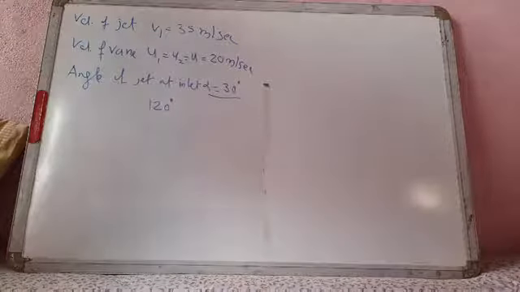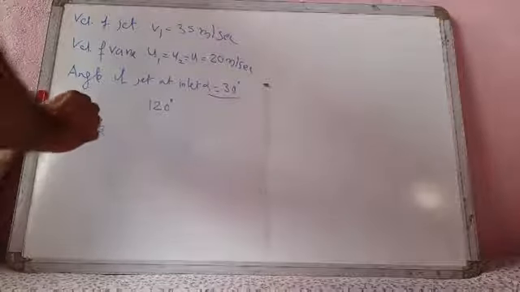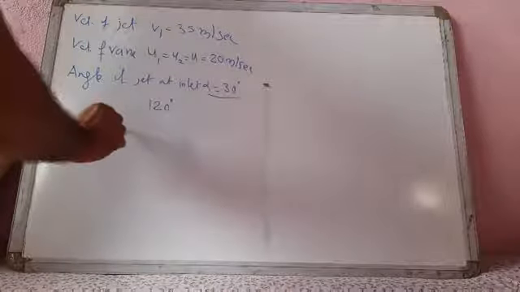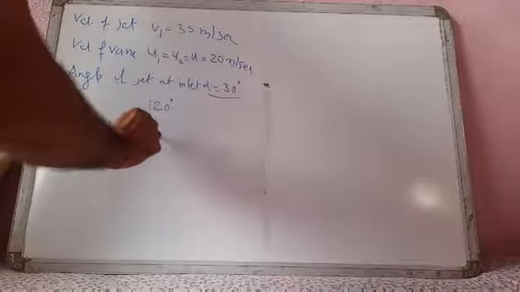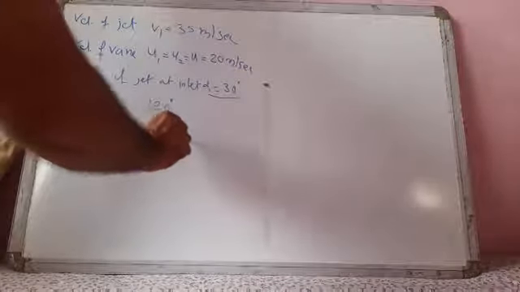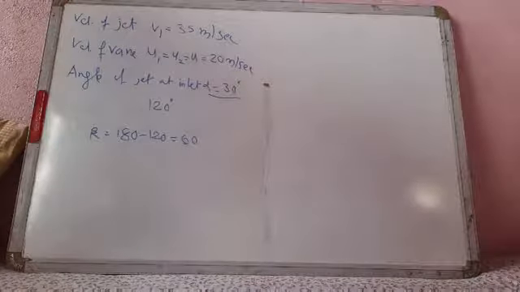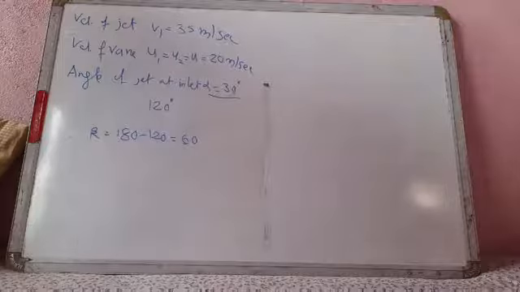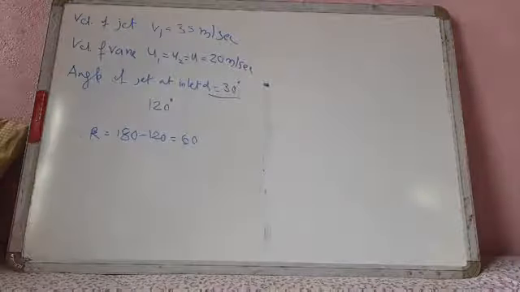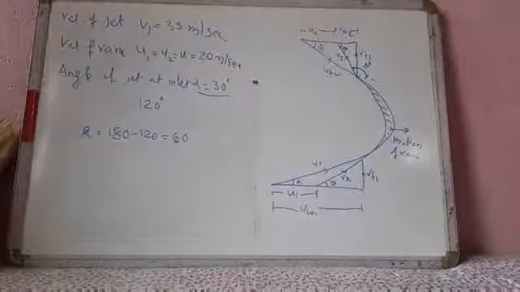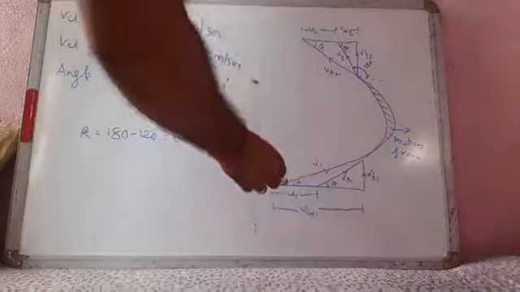degree. So here angle beta is equal to 180 minus 120. This is 60 degree, angle beta. Now angle of vane tip. Here this is the velocity triangle at inlet.